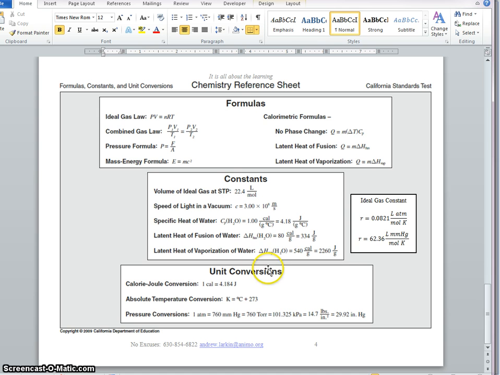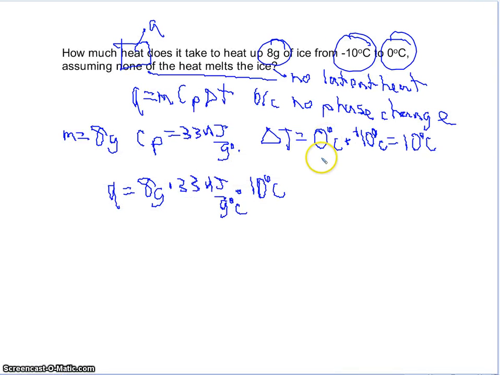I did not look at the right thing. I looked at the latent heat of fusion of water. I need the specific heat, and it's not on here. Oh no. You guys better go look it up. I guess that's what I'm going to have to do now. See how I said, oh, the degrees C is not going to cancel out. That's how I knew that I had the wrong Cp.